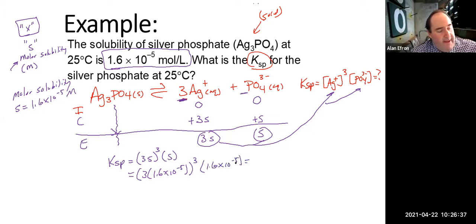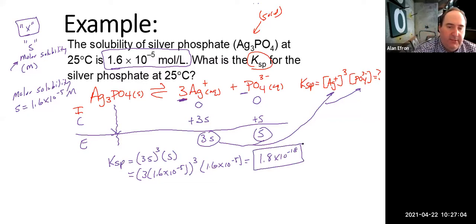And if we do all that carefully, we cube it and then multiply by 1.6 times 10 to the minus 5. That gives us something in the ballpark of 1.8 times 10 to the minus 18 as our Ksp value. Any questions on that?